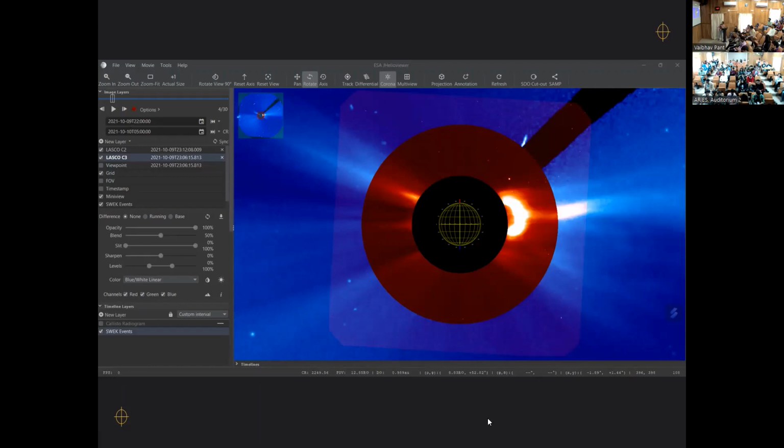Here there are many different options available. You can observe the data in different wavelengths, and many databases are available to observe this, but we have used only this one.